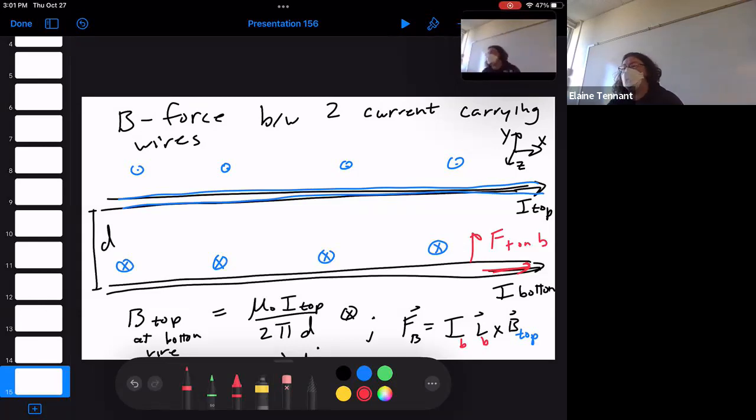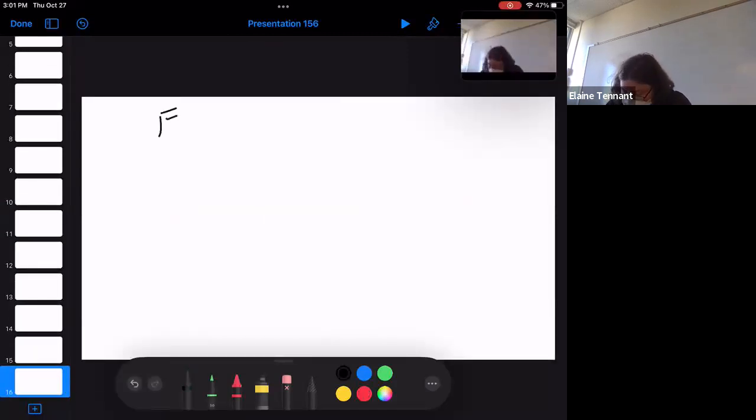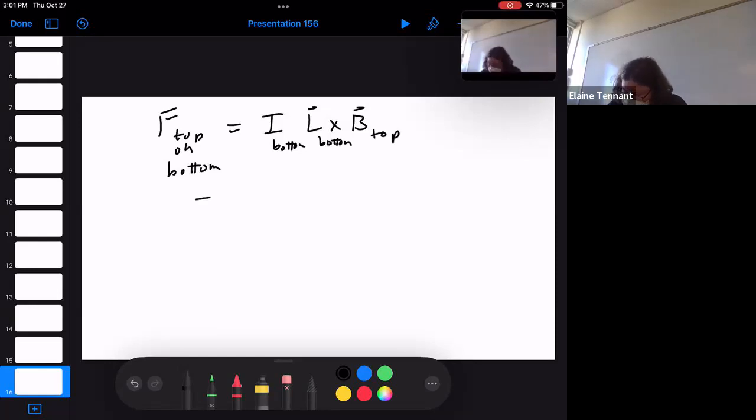And we could even write down an equation for this. Force of top on bottom. What is it? I L cross B. Okay, this was I bottom, L bottom, and B top. Where you guys just did the right hand rule for me. And you got y hat.